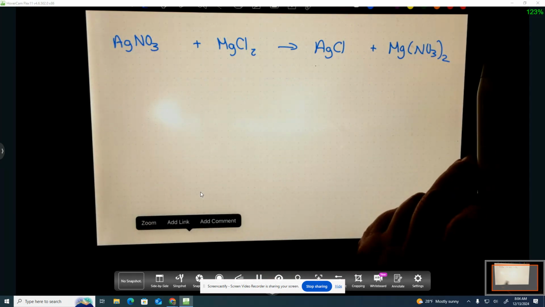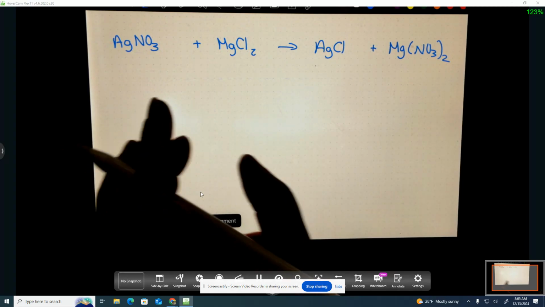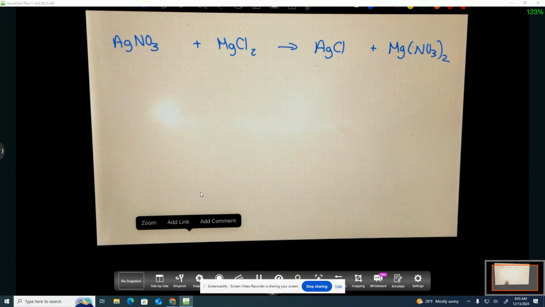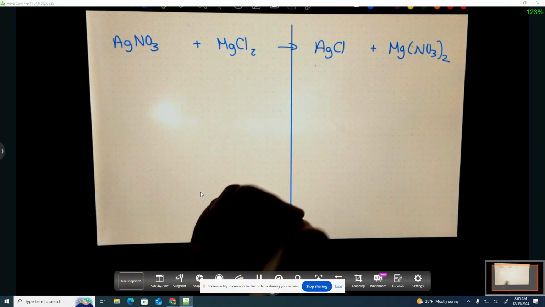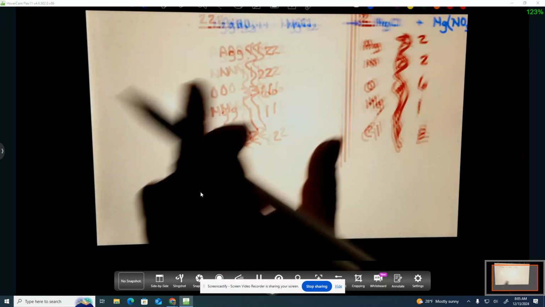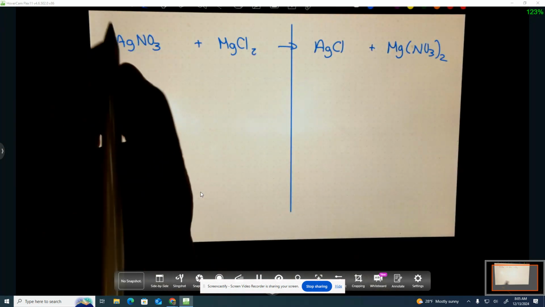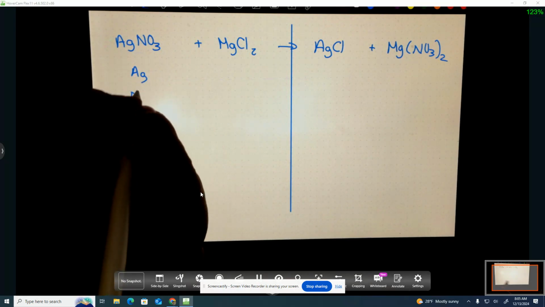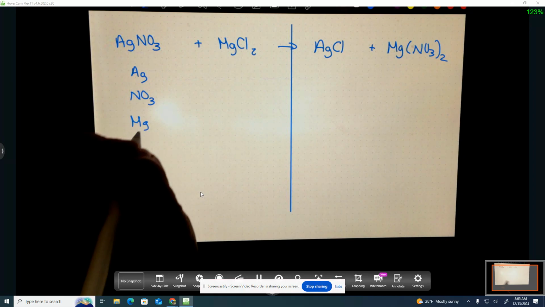And do you see that this is a polyatomic ion? Okay? You can simplify your life by leaving the polyatomic ions as an entire group. So when I draw my line here, instead of listing all the elements individually, I am going to list them as the cation, the anion, the cation, and the anion.